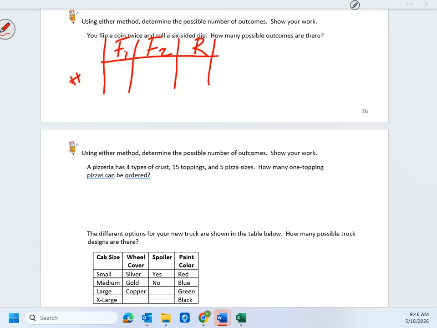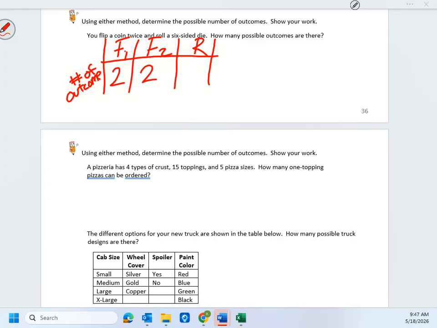So now, we're gonna put number of outcomes for each action. Flip one. How many outcomes are there when we flip a coin, Fernanda? 2 outcomes, heads or tails. Flip two. How many outcomes are there, Vinny? 2, heads or tails. We're gonna roll a 6-sided dice.